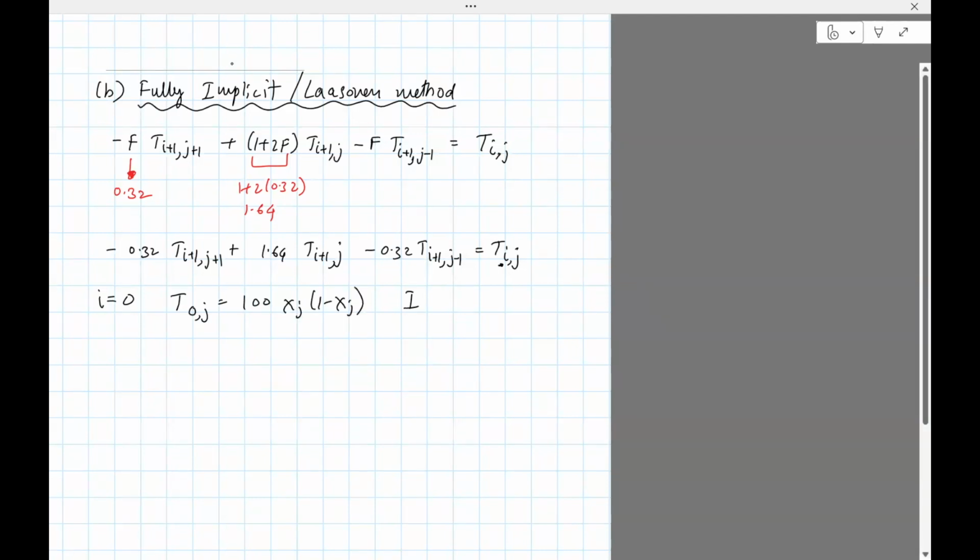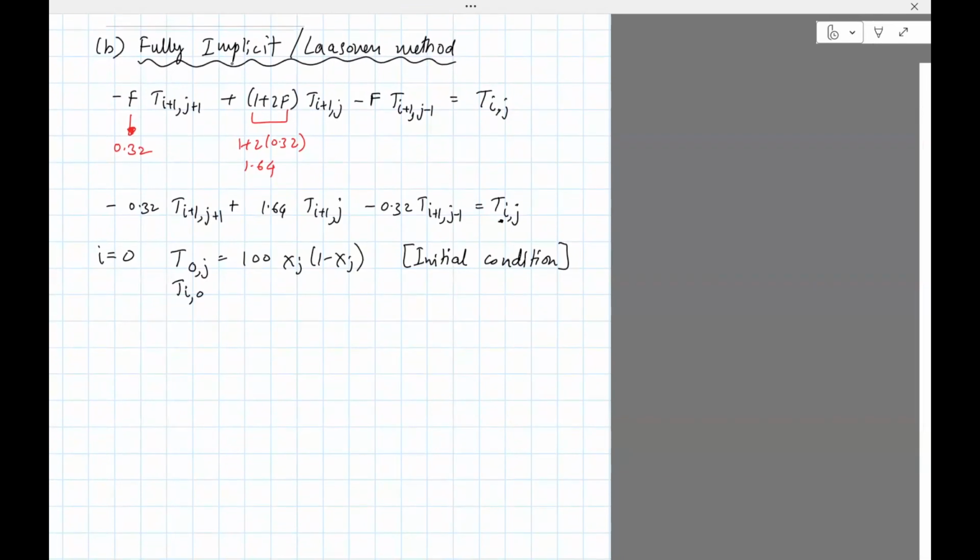So this is an initial condition. It also might help us to note that T(i, 0) equals T(i, 4) equals 0. This is a boundary condition.